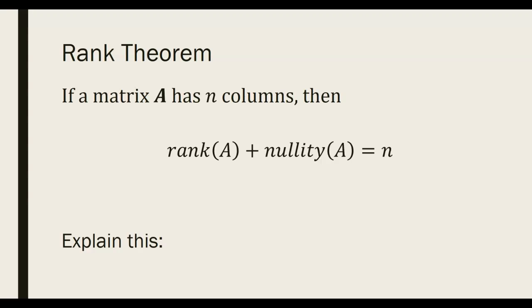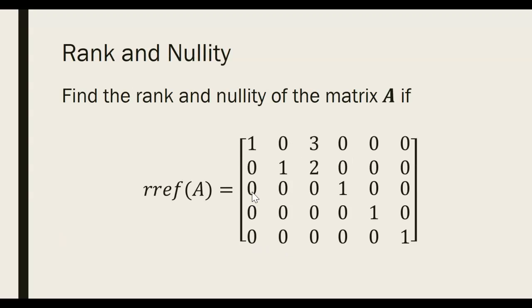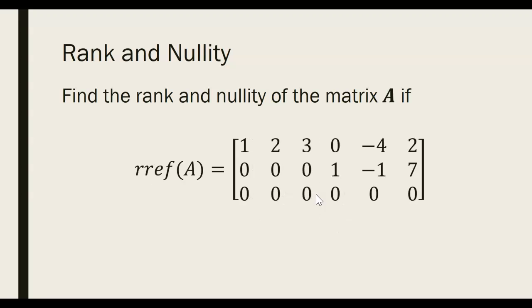Now, that was fairly obvious if we looked at our previous examples. Here we had 6 columns, and our rank was 5, our nullity was 1. Here we also had 6 columns. Our rank was 2, our nullity was 4.